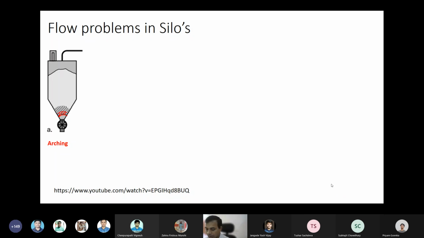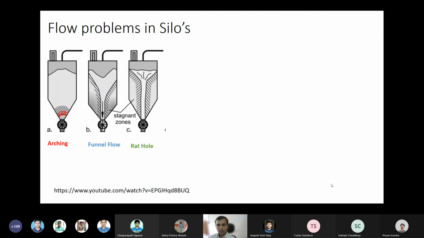So this is arching. Sometimes, when you open the rotary valve, what we observe is that stagnant zones will form. This is one stagnant zone, and this is some other stagnant zone.